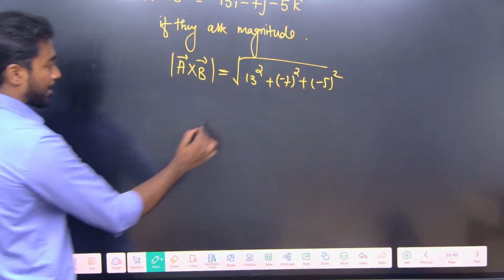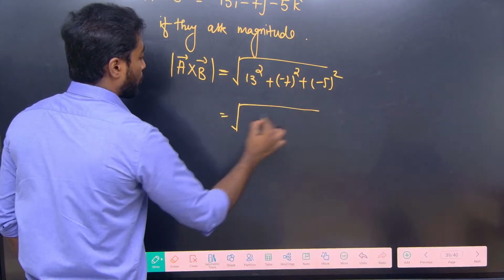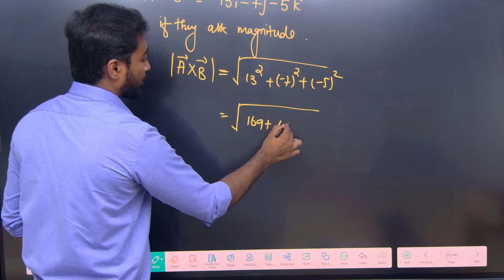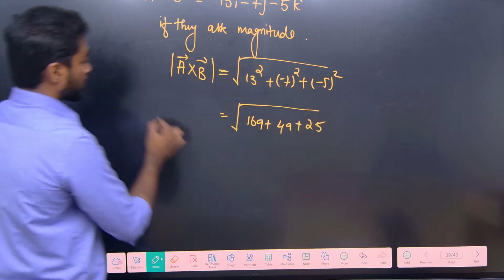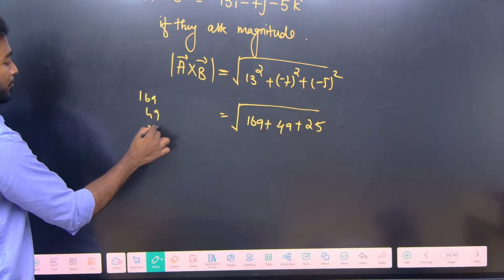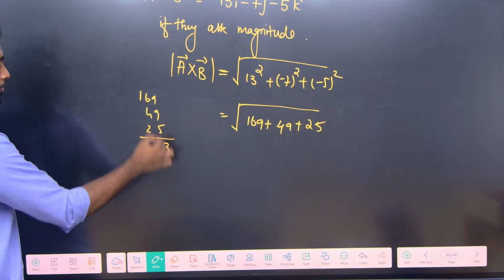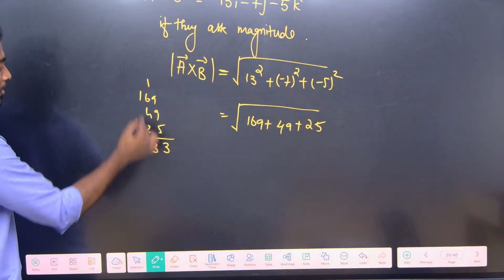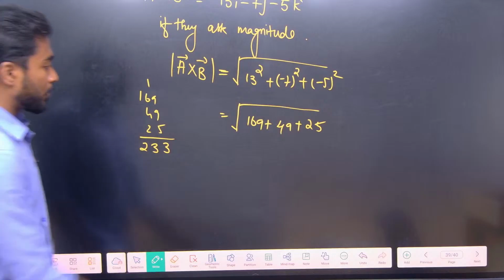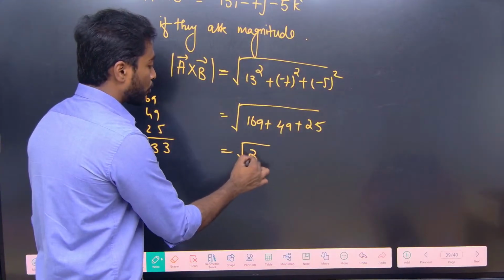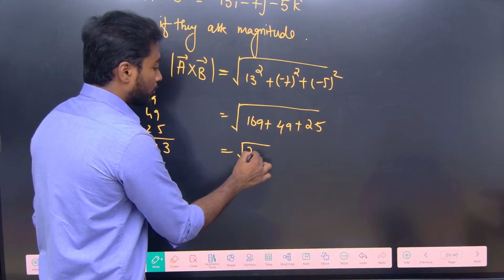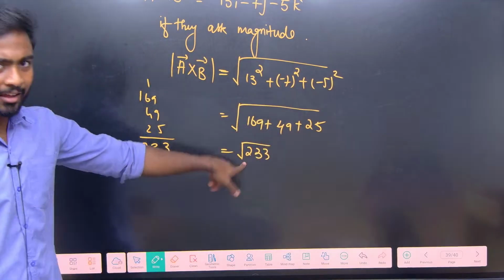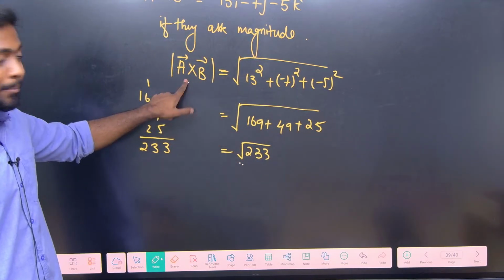So it is given as root of 169 plus 49 plus 25, which gives root of 233. Is this a scalar? Yes, it's a scalar. They are asking only magnitude.